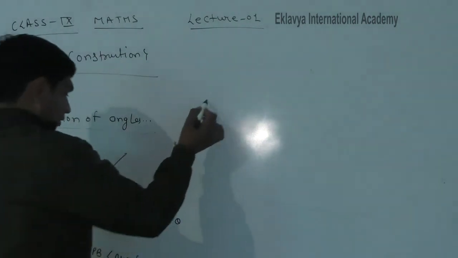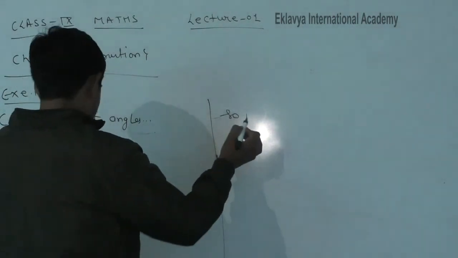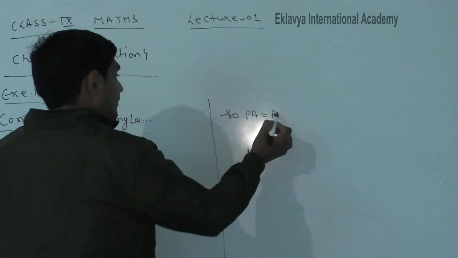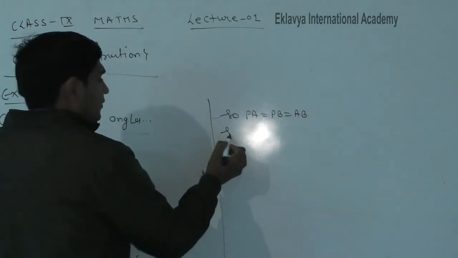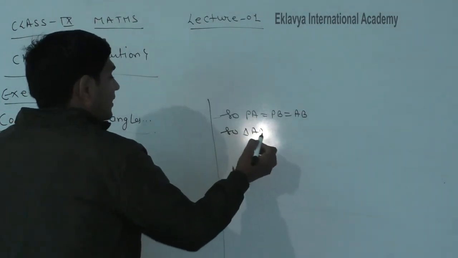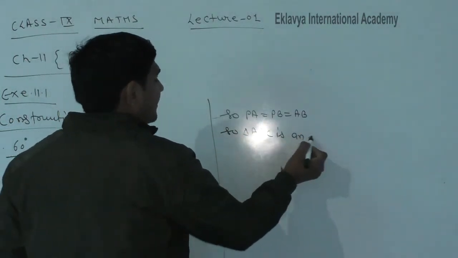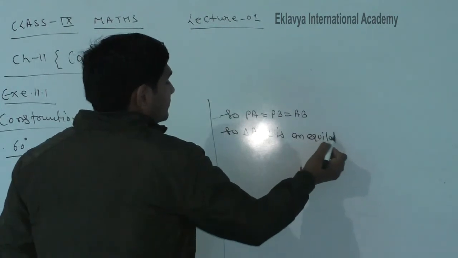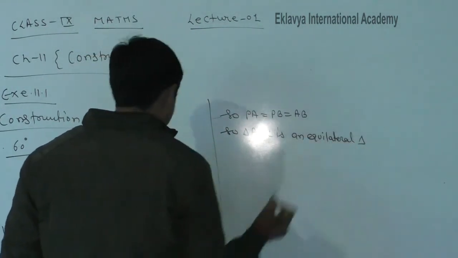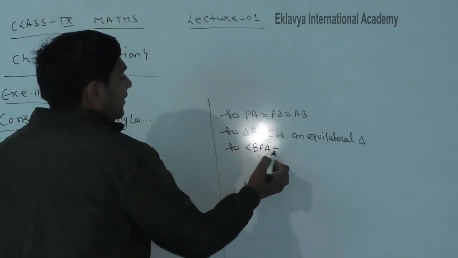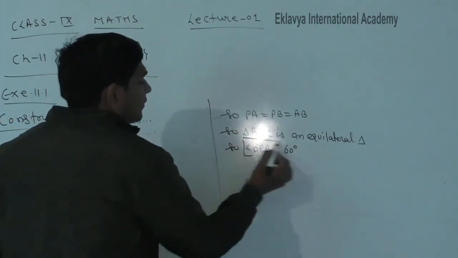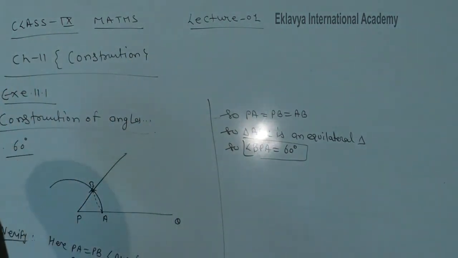So what we conclude here: PA is equal to PB, which is equal to AB. So the triangle is an equilateral triangle. So angle BPA is equal to 60 degrees. That is the diagram of angle 60 degrees and the justification of that one.